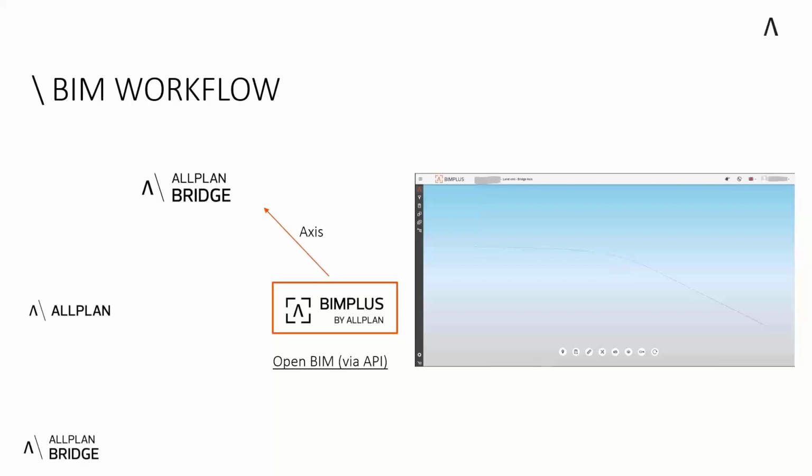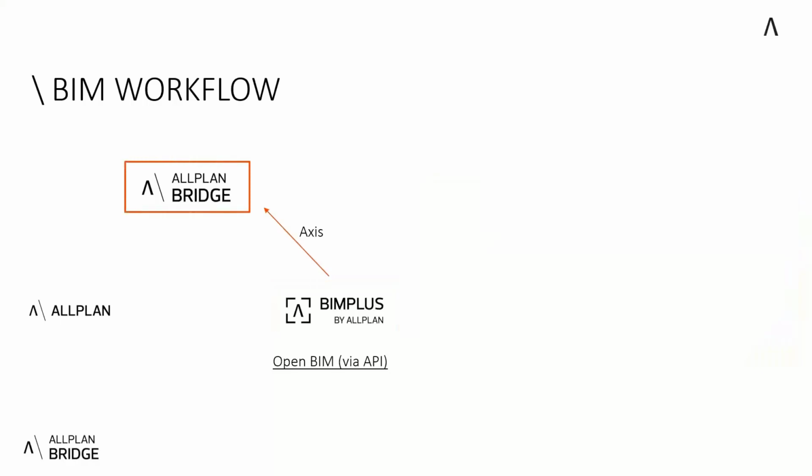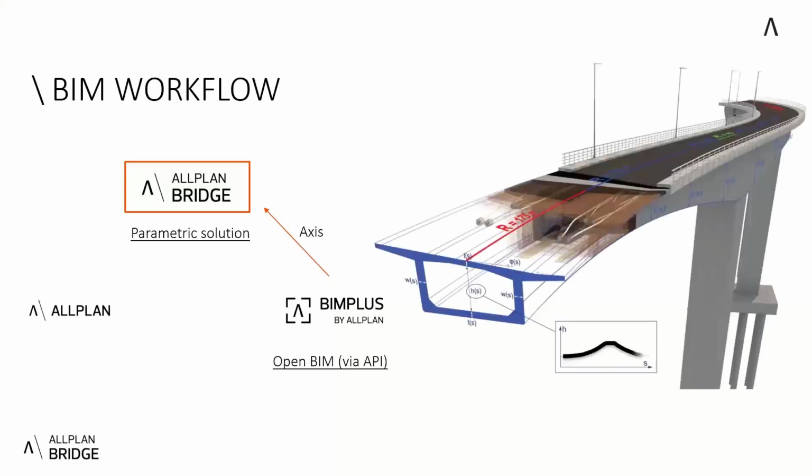We send this axis to Allplan Bridge, which I tried to introduce in the beginning. It's a parametric solution, so it allows you to create your bridge parametrically. You have axes, you have cross-sections, you have different components. If you change some of the parameters or variables, the bridge will also adjust accordingly. That's what we are referring to as a parametric solution.